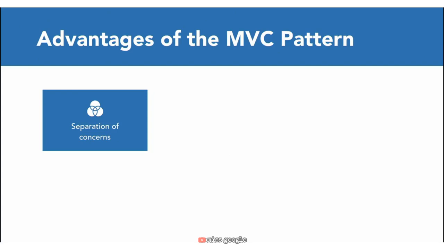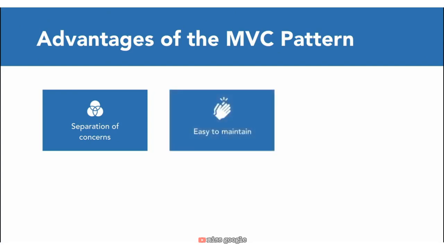Its only concern is how to properly display that model to the user. The controller, on the other hand, knows how to load the model from the database and how to route a request to the correct view, but nothing else. Each piece handles its own thing. Because the MVC pattern is so well organized, MVC applications tend to be easier to maintain.